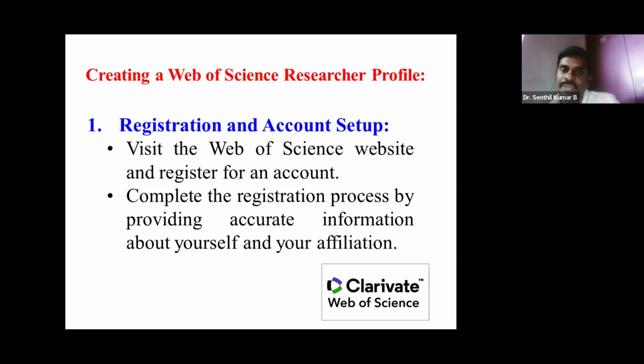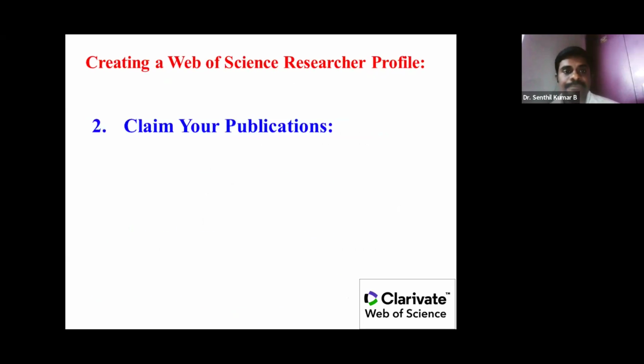If not added, you can give a request. Complete the registration process by providing accurate information about yourself and your affiliation, because affiliation is very important. Once you've given your affiliation, you cannot keep on changing it, because when you make the next request, they take time to verify your affiliation. So give your appropriate affiliations and don't keep on changing them.